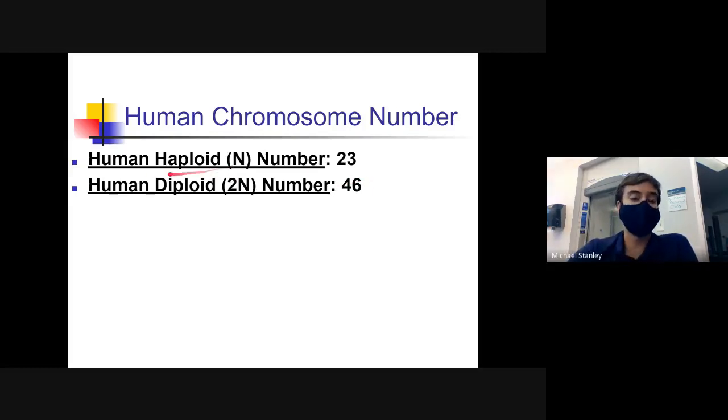But in those haploid cells, in those cells with only the one set, there's only 23 total chromosomes. So most normal cells have 23 pairs, giving us 46 total. But our haploid cells are those gametes, they only have 23 chromosomes. They only have one full set of chromosomes, whereas most cells have two full sets of chromosomes.